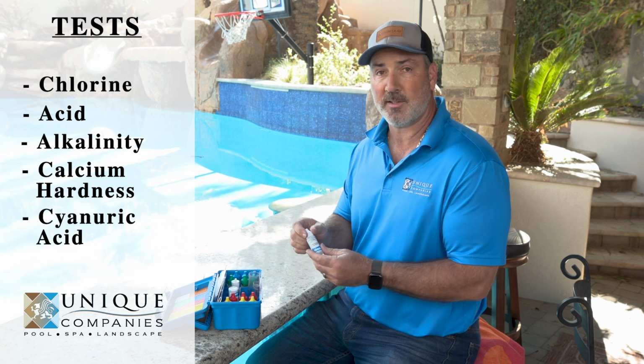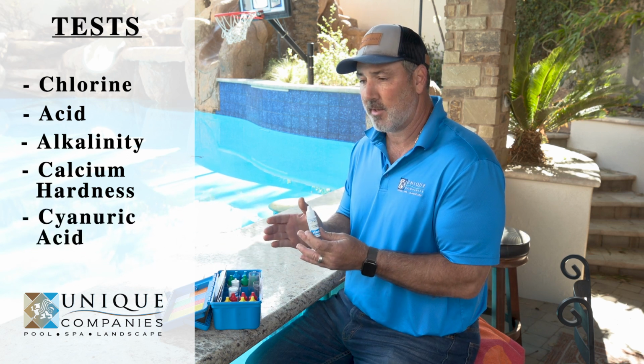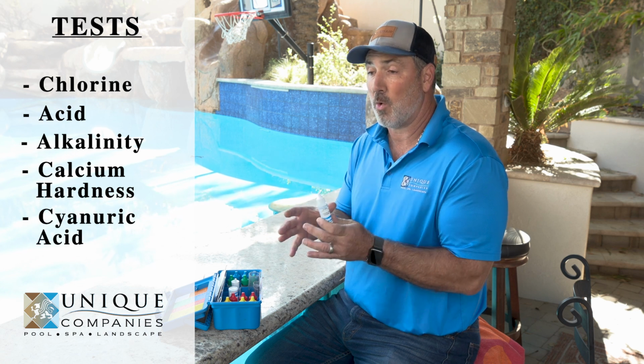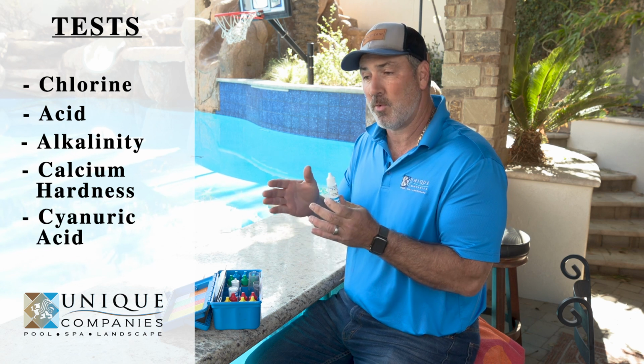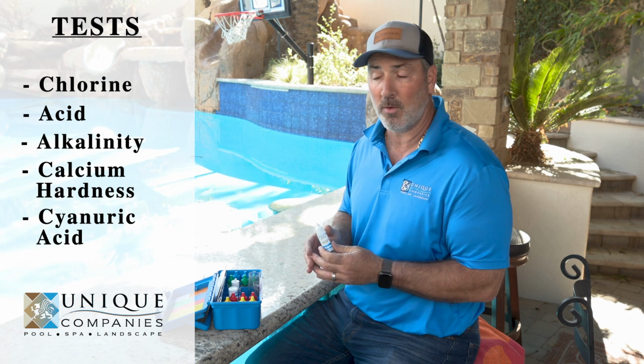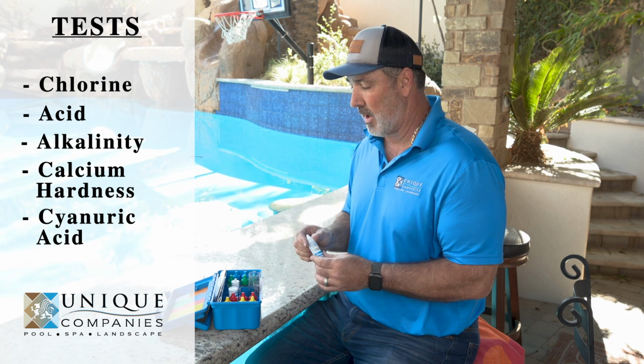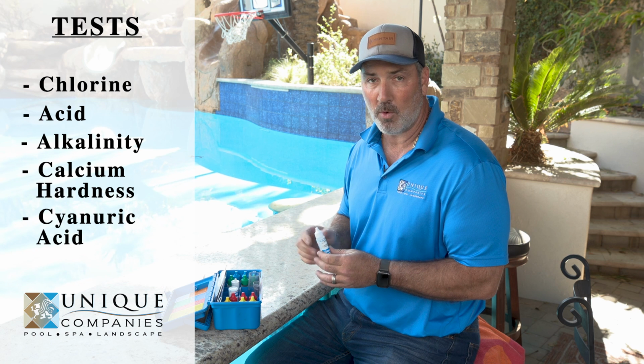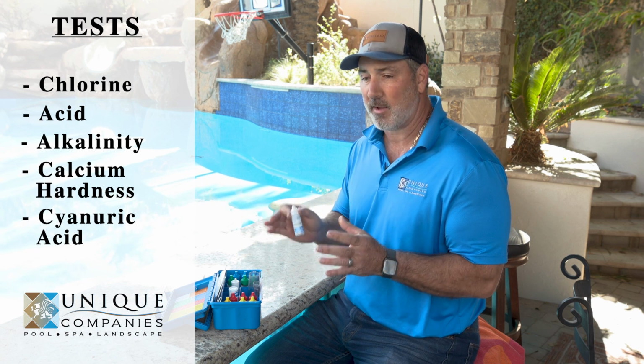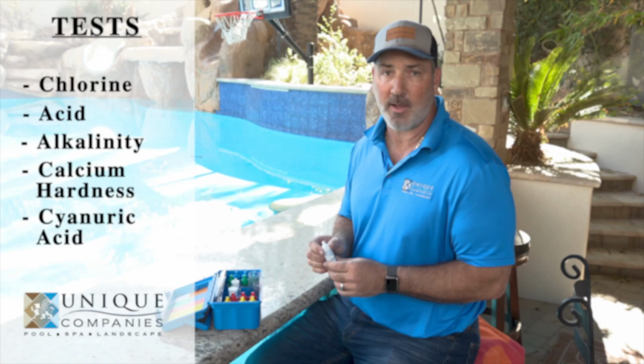And then there's cyanuric acid levels. Cyanuric acid stabilizes, holds and combines chlorine together so you can use it longer within the pool. But it's one of those items that you don't want too high in the pool. And we'll go into that a little bit later on how cyanuric acid affects your LSI.